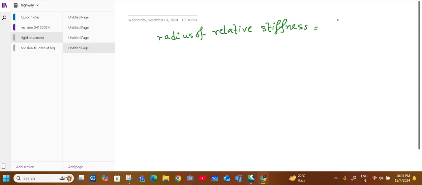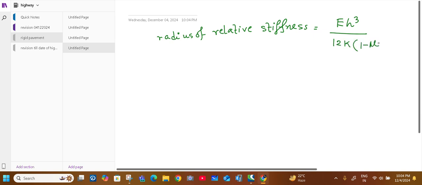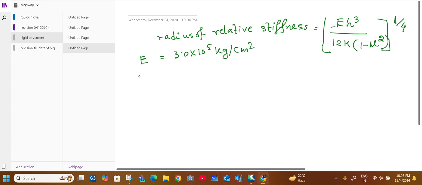is measured by L equal to (E H cubed divided by 12 K into (1 minus mu square)) whole to the power 1 by 4. E equal to 3.0 into 10 to the power 5 kg per centimeter square.